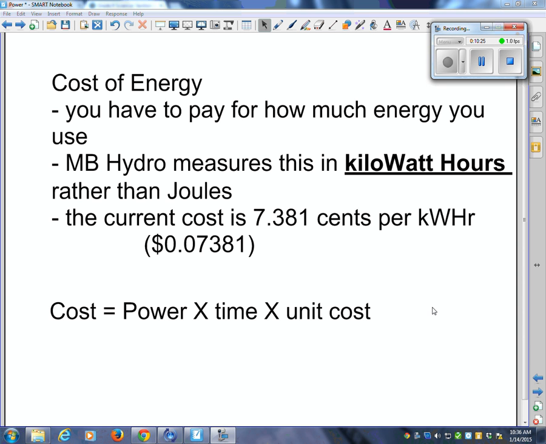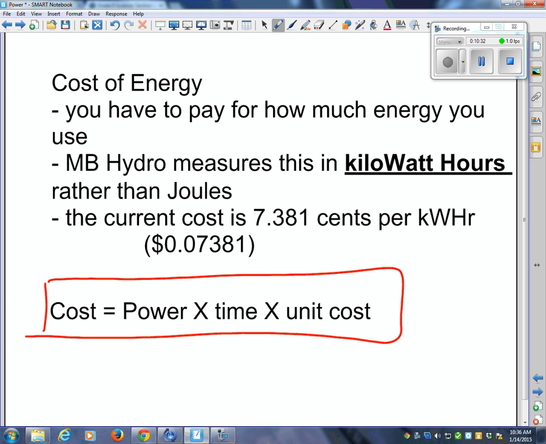You could call this a formula. It's more like steps. The cost is the power multiplied by the time multiplied by the unit cost. And where it says unit cost, it's always going to be the same number, Lane. In Manitoba, the unit cost is 7.381 cents.